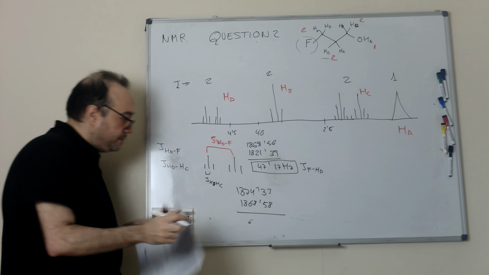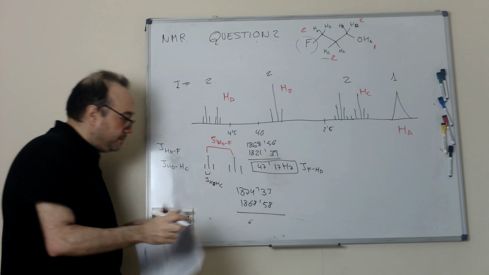All these signals are okay. You can take any of these pairs of signals in order to calculate the coupling constant. And in order to calculate the coupling constant of the triplet, we can use this distance, or this distance, or this distance, and this distance. If everything is okay, it has to be exactly the same number, or very similar.